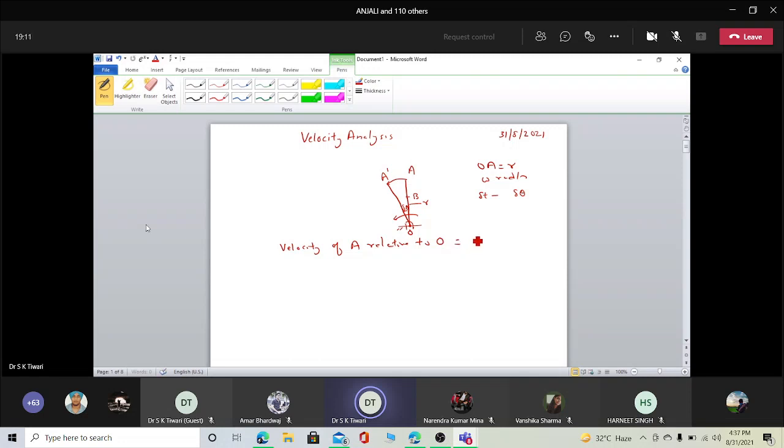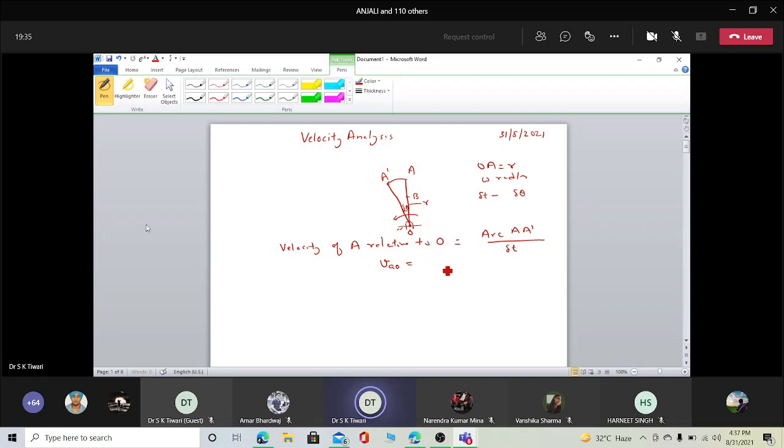Velocity is distance traveled by time taken. And what is the distance traveled? It is equivalent to arc AA dash in a very small time delta t. Velocity of A relative to O will be denoted by VAO.